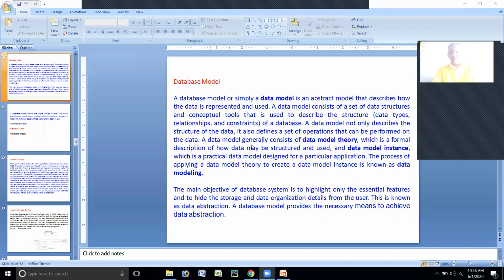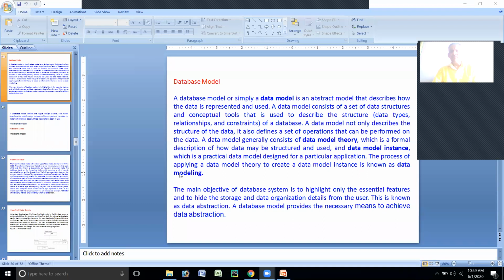A data model generally consists of data model theory, which is a formal description of how data may be structured and used, and a data model instance, which is a practical data model designed for practical applications. Instance is used for practical application purposes. Data model theory is for description of how the data is structured and used.